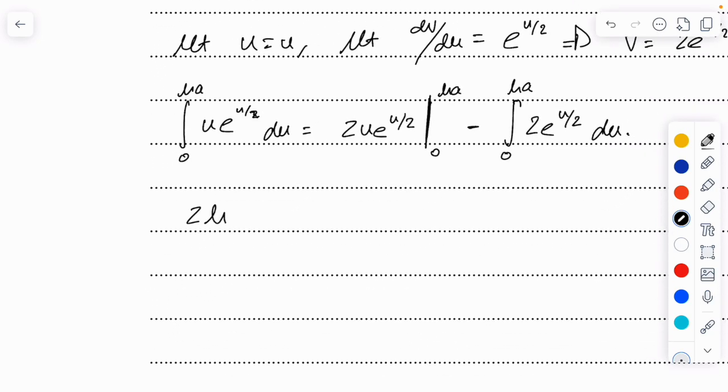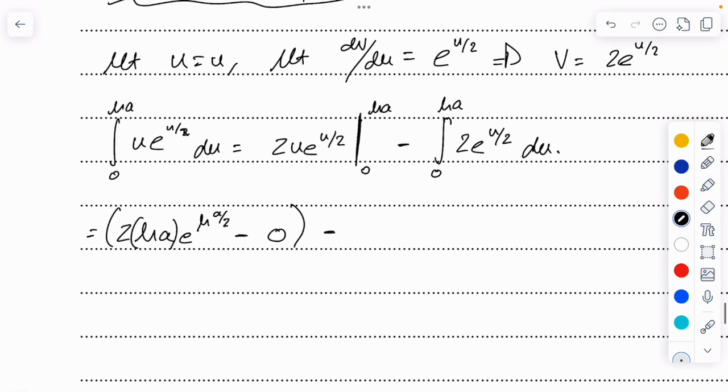So we've made this way easier for ourselves, because now what we've got is 2 ln a e to ln a over 2, minus 0. Okay, minus, and that's what this represents, minus 4e^(u/2), integrated between 0 and ln a.